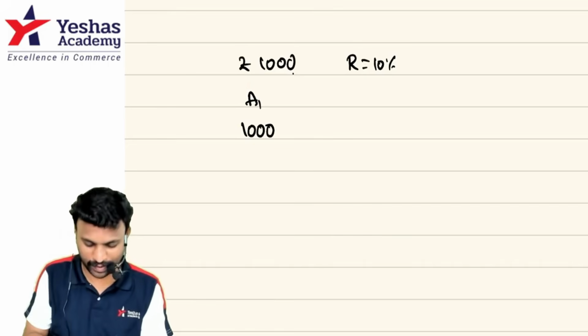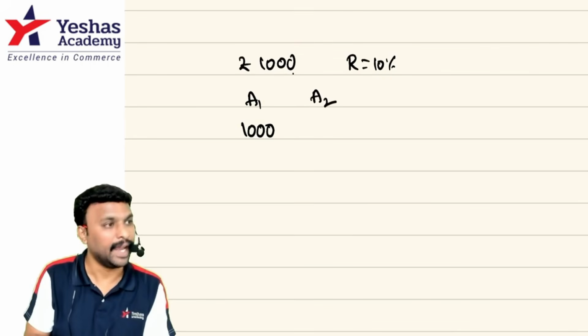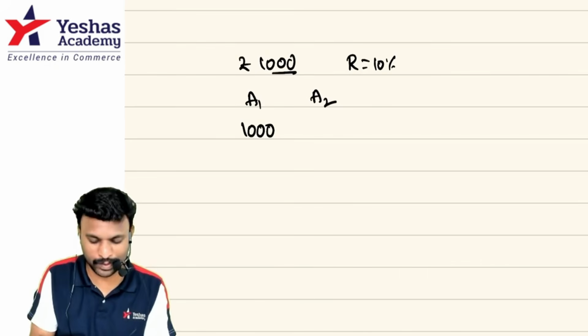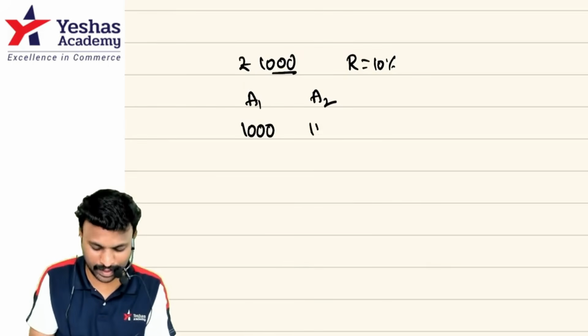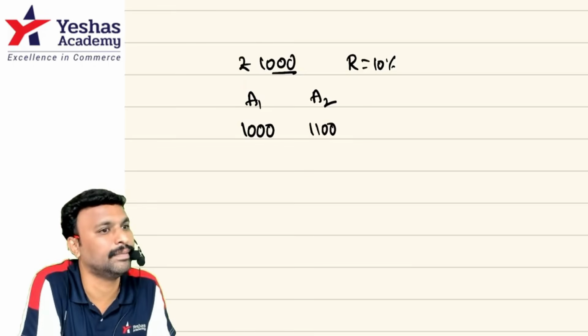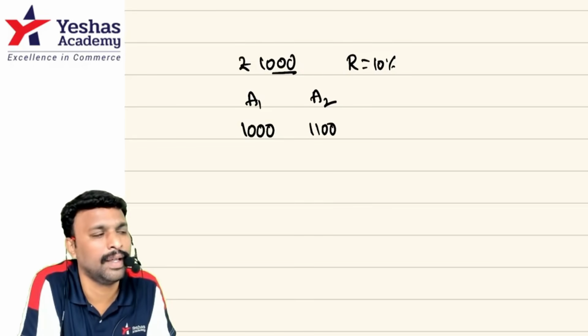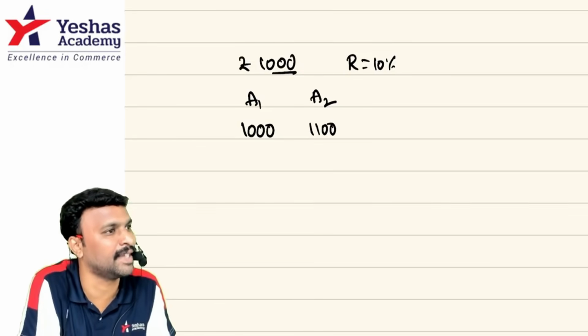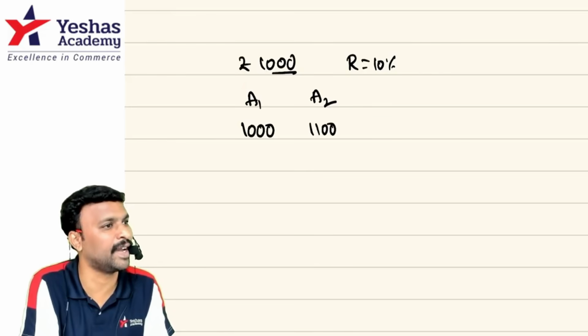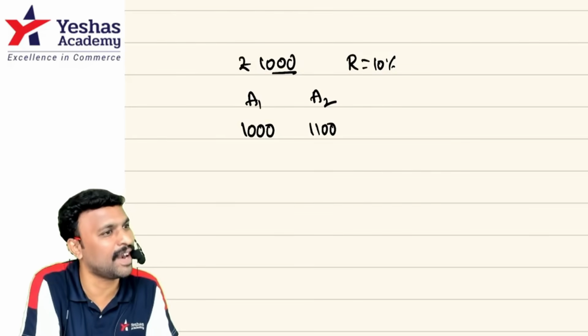Yes or no? After 1 year, it will grow. 1000 plus 10%, it will become what? 1100. Correct. What is the amount at the end of first year, guys? What is the interest that you get for 1 year? 10 percent on 1000 rupees.